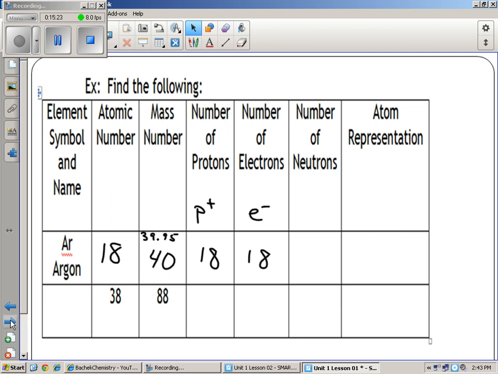When we talk about nucleus and where the weight comes from, we assume that the protons and neutrons weigh about the same. And that's not quite true, but we're going to assume that for right now. So if my weight of 40 here, this is my weight here, okay? This atom weighs 40 and 18 of those are protons, the rest have to be neutrons, all right?